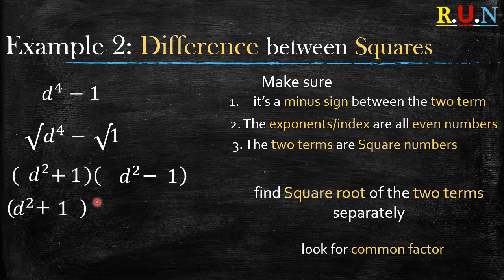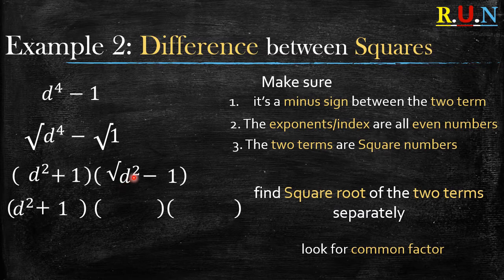Now we treat this d to the power 2 minus 1 just the same way as we treated the first one. So we factor it again. We bring out our two brackets, and then we find the square root of d to the power 2.